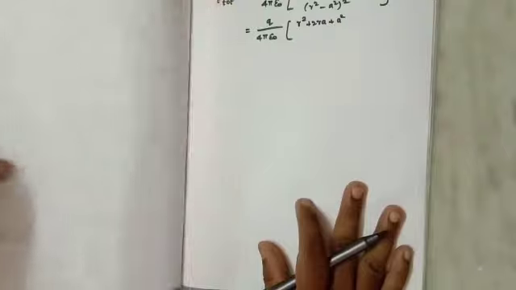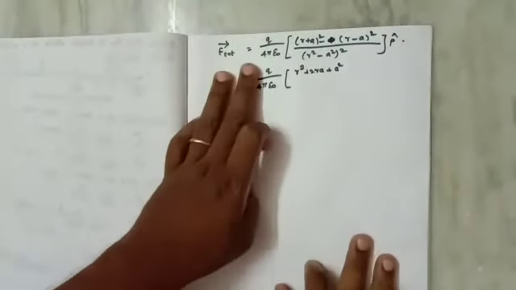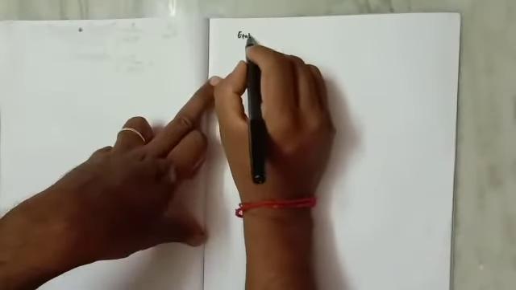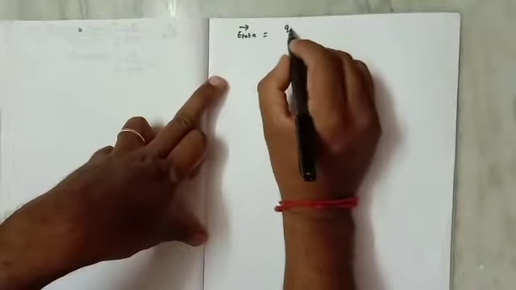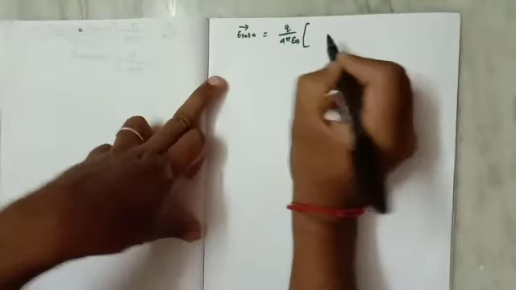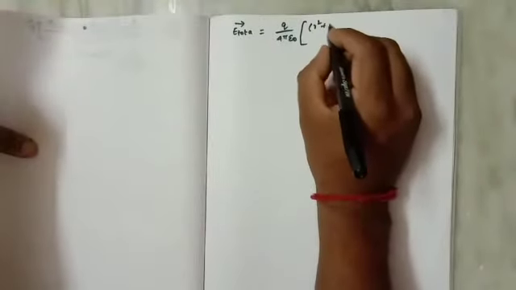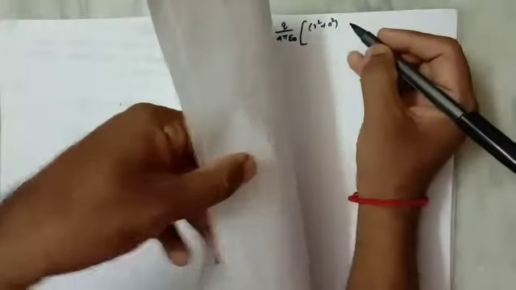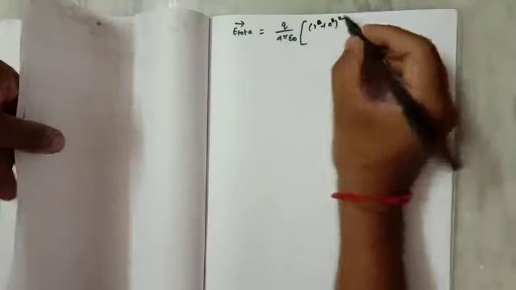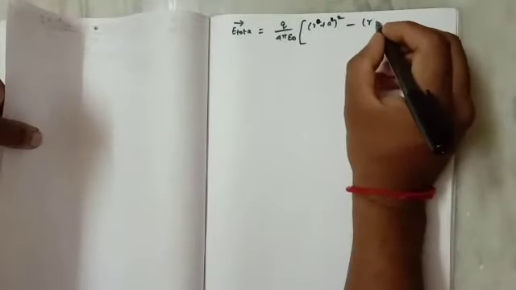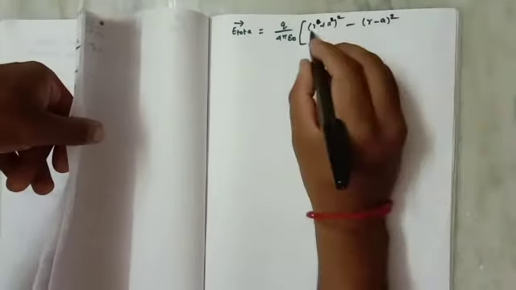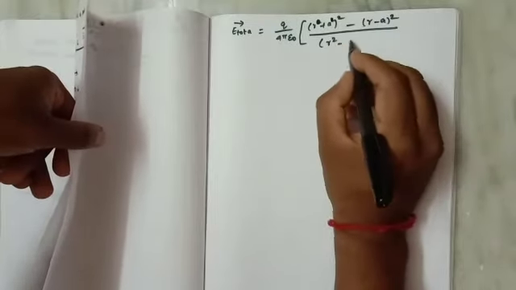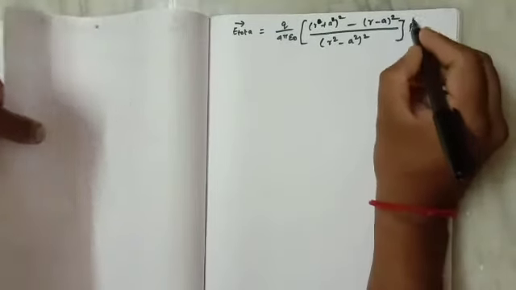Okay students, from this we can write the total E vector is equal to Q divided by 4 pi epsilon naught into (R plus A) whole square minus (R minus A) whole square, divided by (R square minus A square) whole square, P cap.